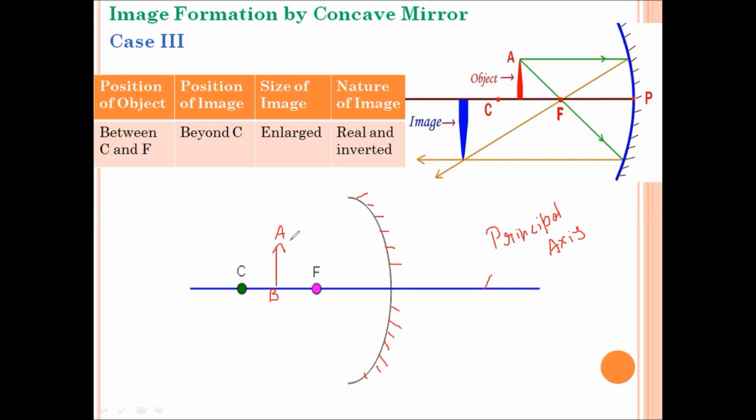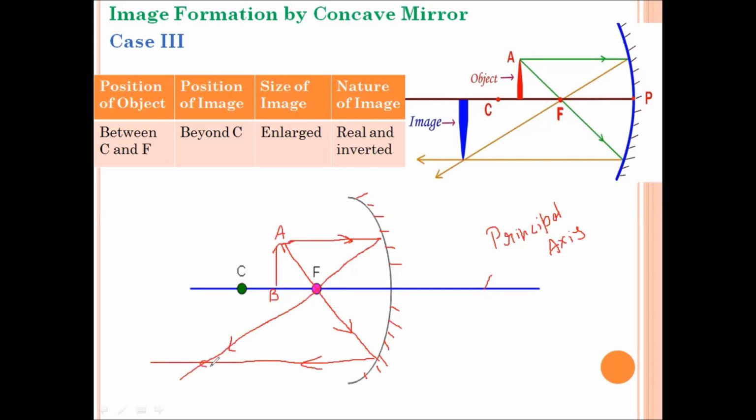Rule number 1, if a ray falls parallel to the principal axis, then it passes through the focus. And rule number 2, the ray which passes from the focus will become parallel to the principal axis. So after reflection, we can see these two rays meet at this point.